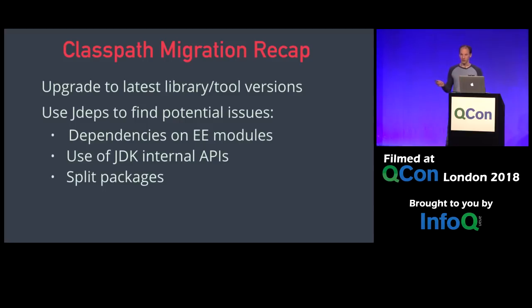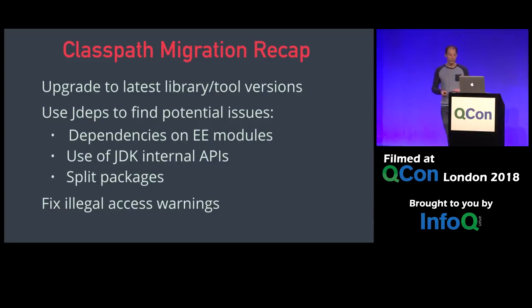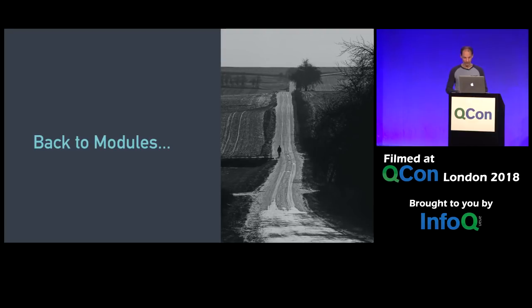Split packages, I've talked about that, but we haven't seen any example of that. And try to fix all of the illegal access warnings, either by using these command line flags, which is a weak workaround, or by changing your code, if it's your code that's breaking the rules, or upgrading to later versions of the libraries that don't do these illegal accesses to internal JDK types.